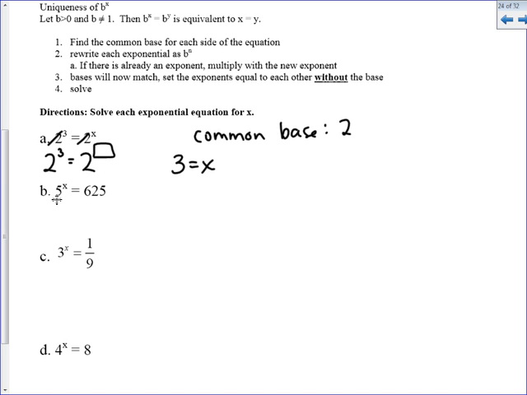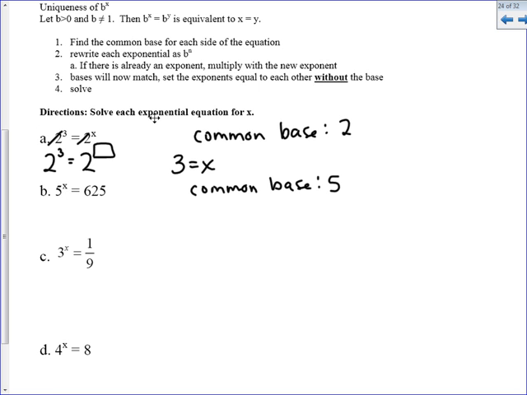So for B, the two numbers I have in my problem are 5 and 625. What I want to do is find a common base for 5 and 625. So what do we think a common base would be? 5. What I mean by a common base is, well, 5 already has a base of 5.